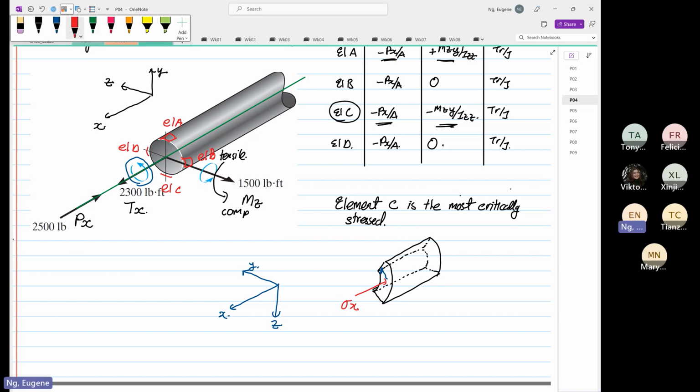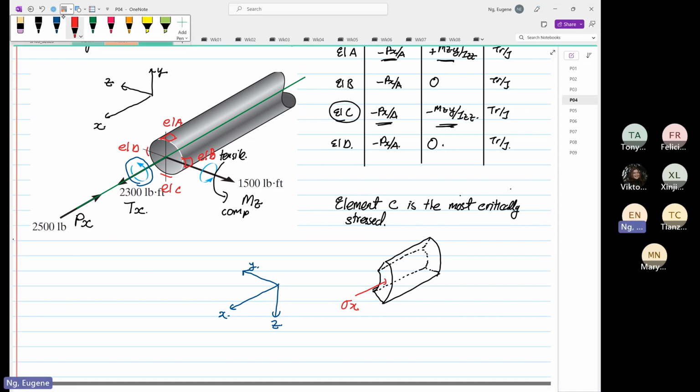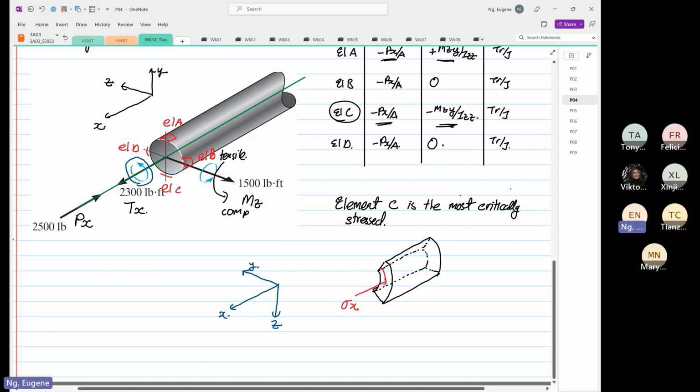So we know that there's a torque going this direction, and the other one is going this direction. So this torque over here is tau, intersecting planes x, z. So this side is tau zx.